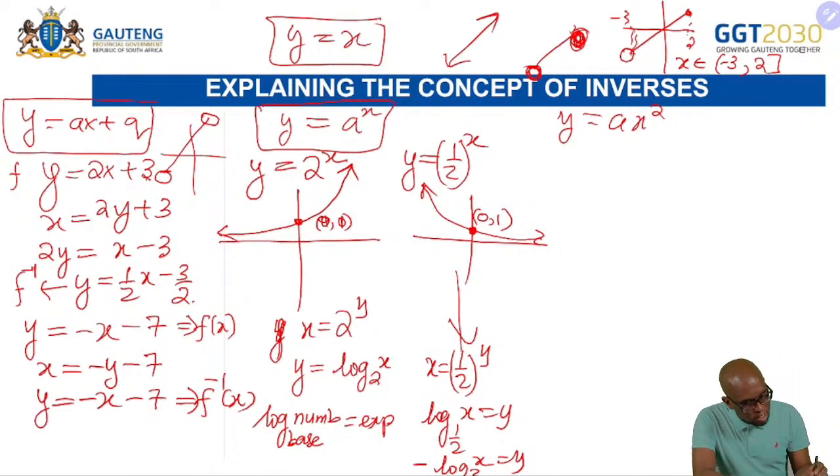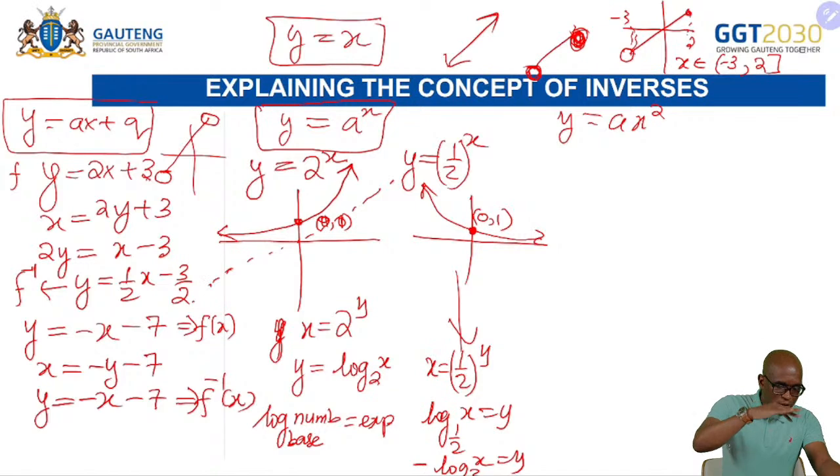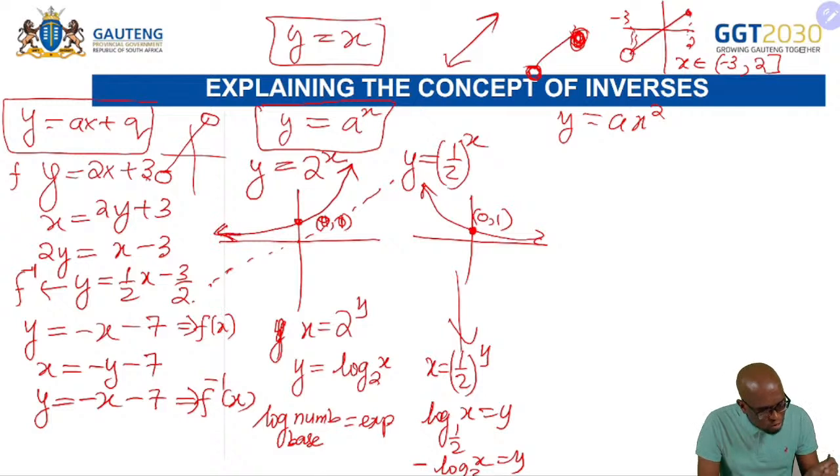If you are to sketch that, then you know that you are interchanging x and y. So you reflect the graph about the line y is equals to x. Now if you check this one, it started on the negative x axis, which means that the new one will start on the negative y axis.